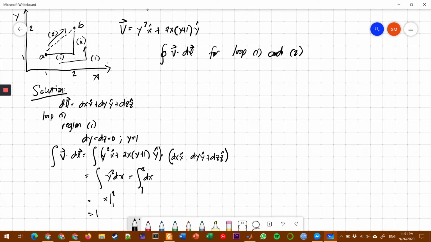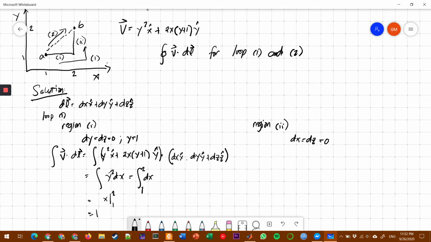Now let's go to region 2. Okay, region 2. So what do we have in region 2? Region 2 is vertical. Take a look at this. It's vertical. So we have now dx and dz are just equal to 0, right?